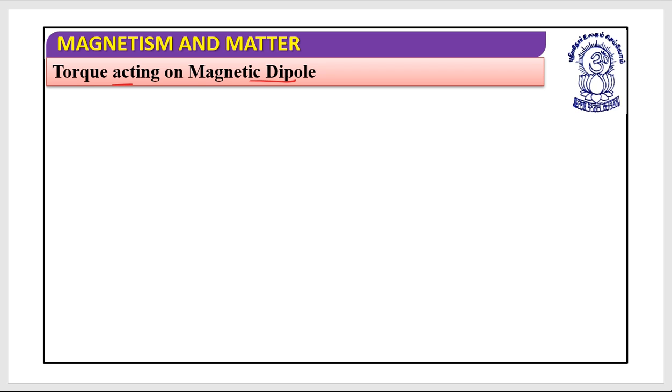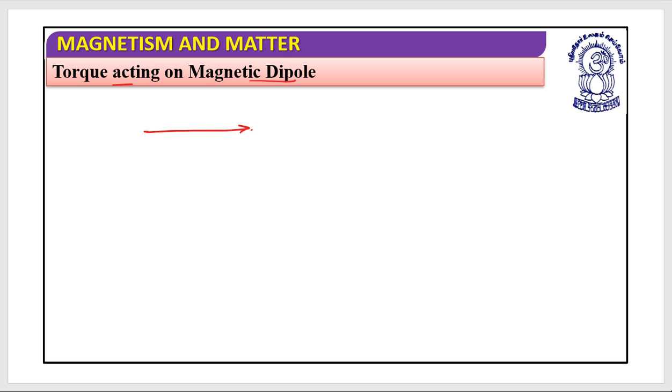We are just having a brush up, because NCERT has written certain segments in moving charge and magnetism and certain segments in magnetism and matter. That's why we are covering it on both sides, because a question can be asked from any point. So let's check out the torque acting on the magnetic dipole.